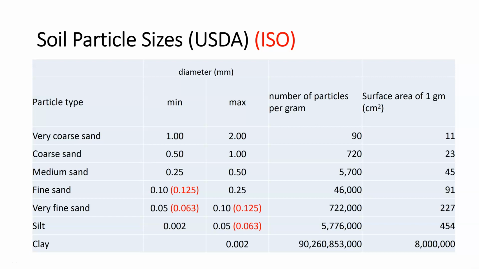If you get down to the very fine sand, which is what you're going to basically call hourglass sand, it says you've got 722,000 particles per gram. This is going to give you a surface area of 227 square centimeters. 227 square centimeters is approximately 15 centimeters on a side, which is going to be about 6 inches on a side.